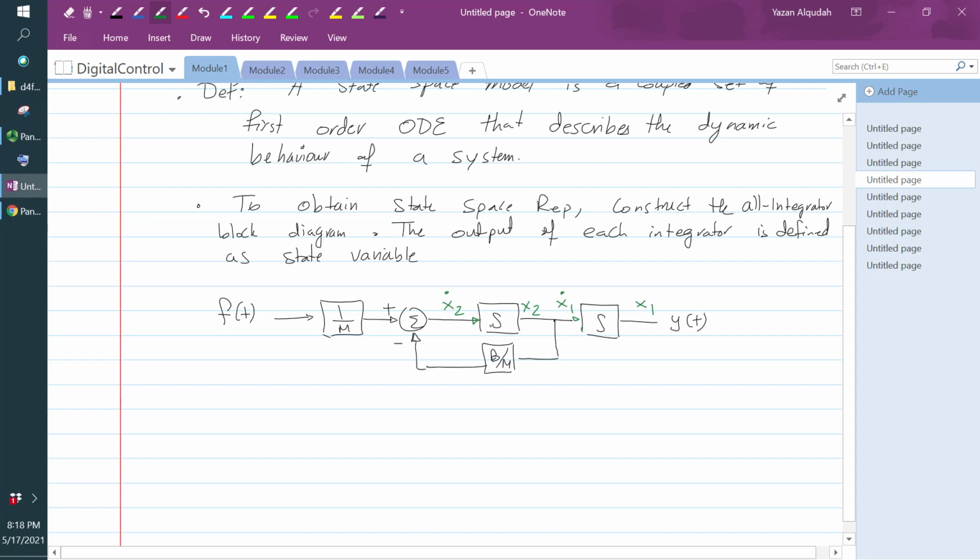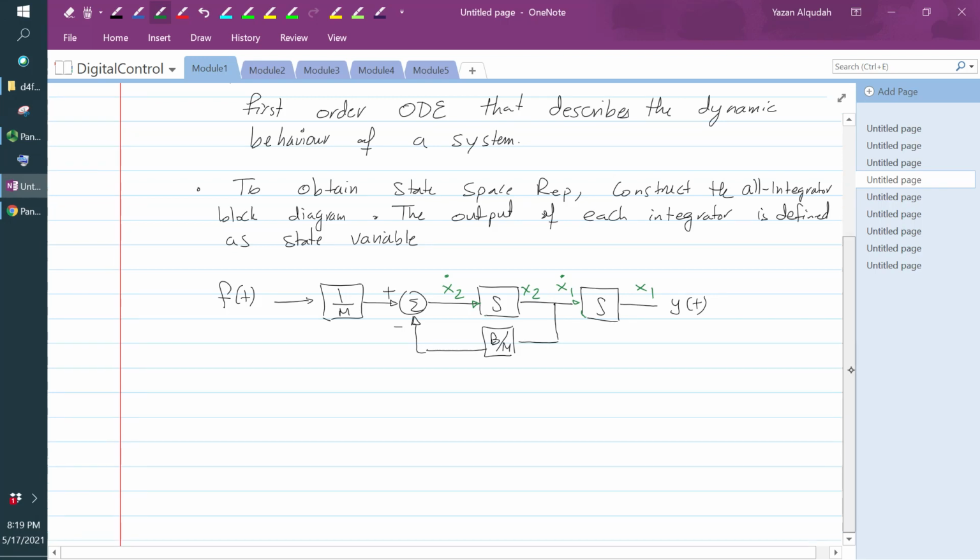I could have called this x1, x2, or I could have called x2, x1. The order does not matter. So in this case, I have the integrator on the right. The output is x1, the input is x1 dot. The second integrator, the output is x2, the input is x2 dot.